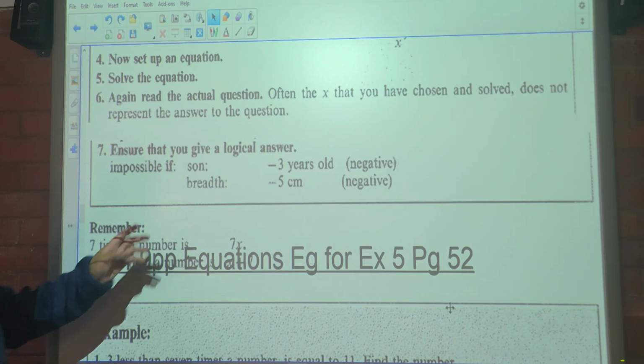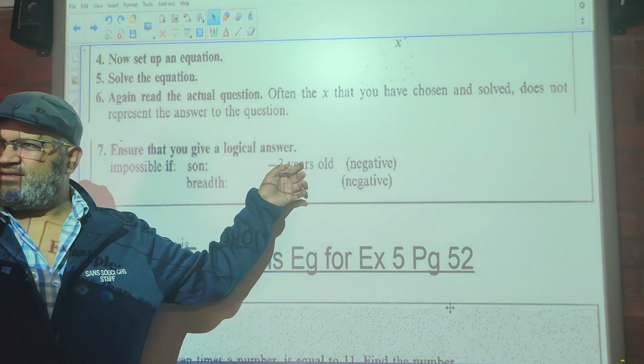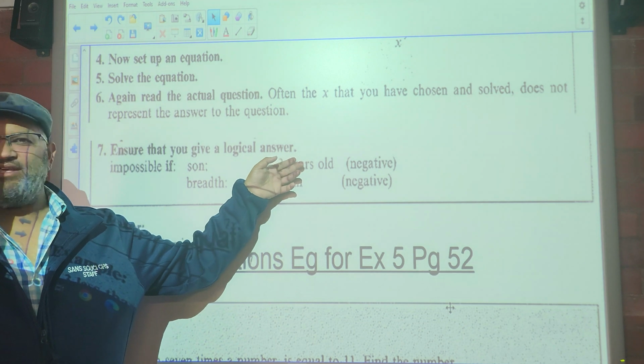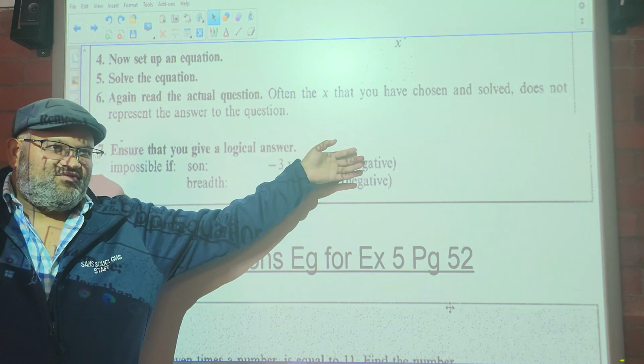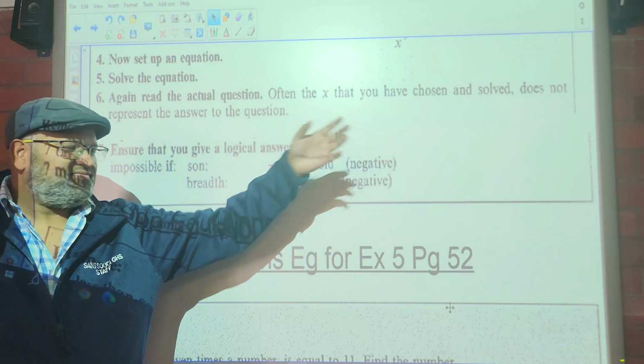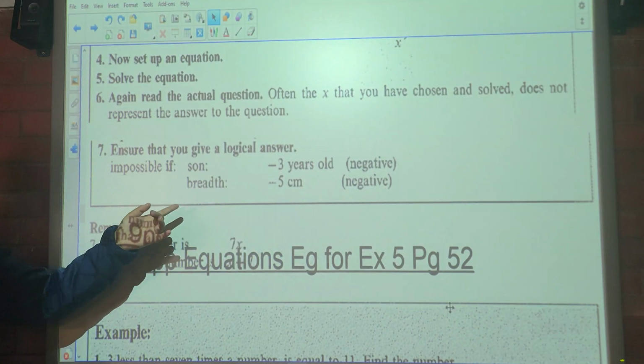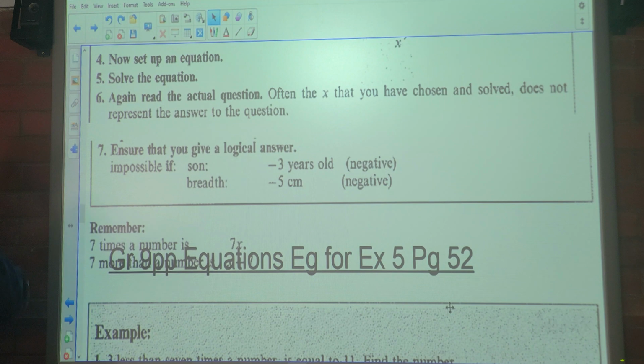So if you get the son's age to be minus 3 years old, imagine they didn't think of him yet. So he can't be negative. And the breadth can't be minus 5 centimeters. You measure a rectangle and you get minus, no. So the answer must make sense. Alright, you guys understand?